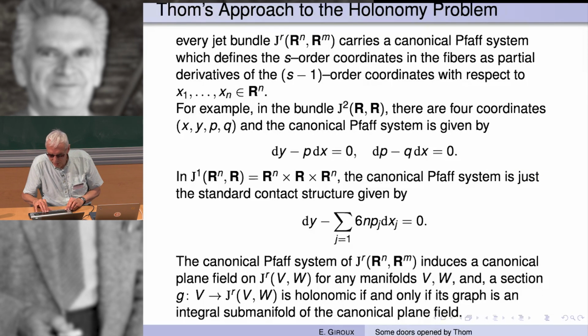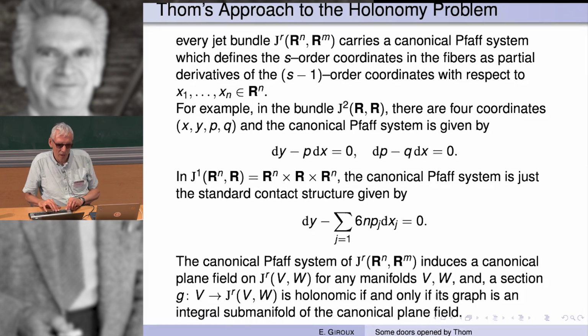In the following way. If you take, for example, the jet bundle for maps from Rn to Rm, then there is a canonical Pfaffian system which exactly measures the holonomy defect of sections.